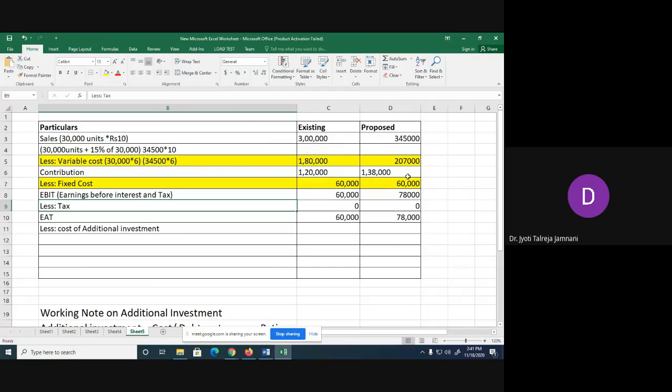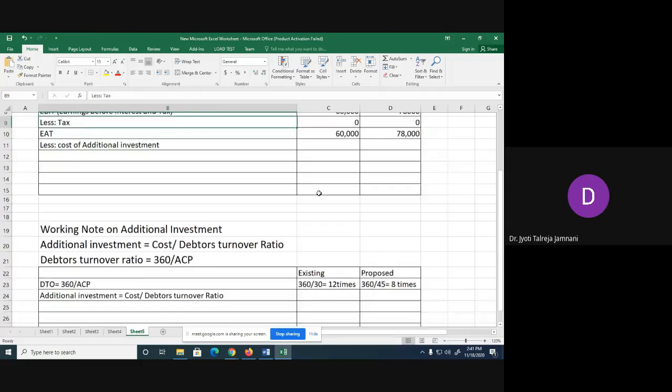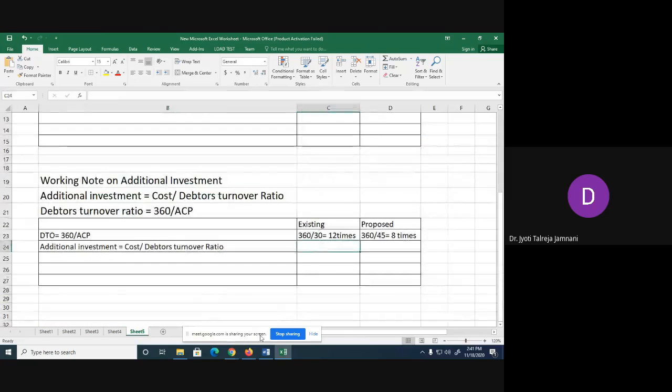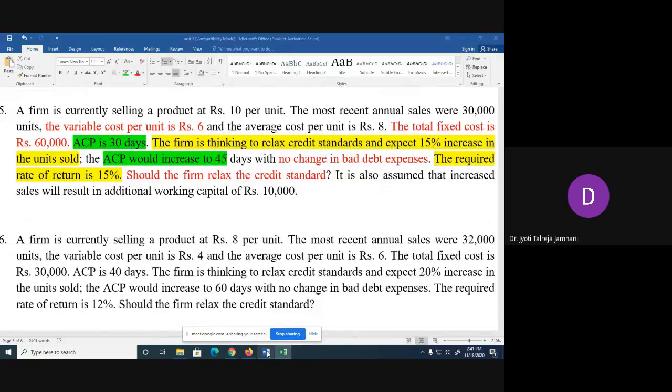That's what we mean by cost, the variable cost and the fixed cost. If you don't want to do it that way, another way is in the question they have given you something called average cost per unit, which is 8 rupees. So you can do 30,000 units into 8 rupees for existing and 34,500 units into 8 rupees for proposed.